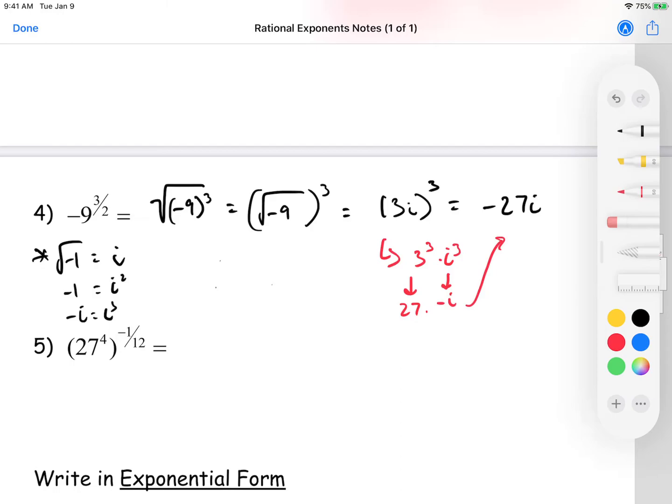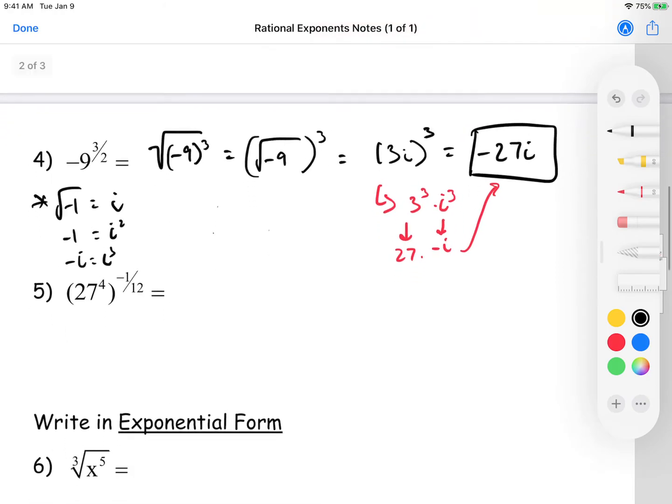All right, so now that we have this one, let's try number 5. I have 27 to the 4th times negative 1 over 12. Again, the same exponent rules still apply. What happens when we take an exponent to an exponent? What do we do with them? We multiply them.